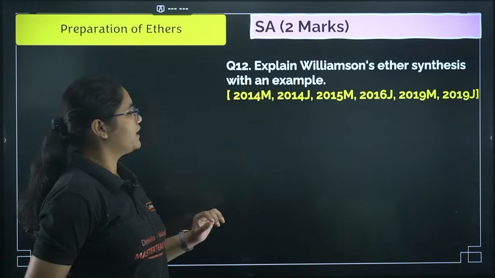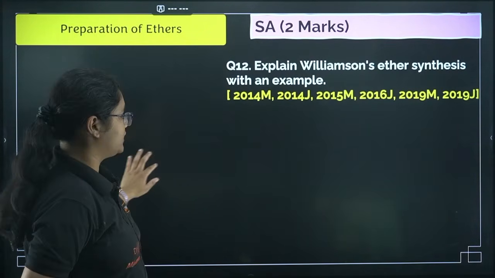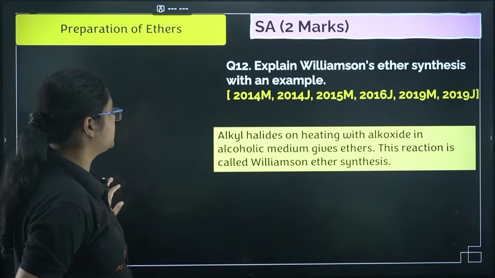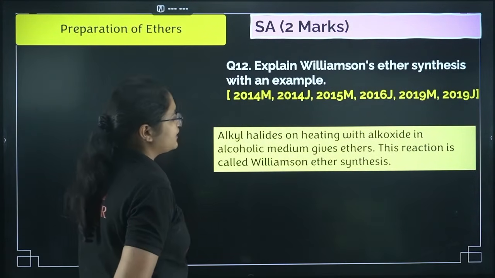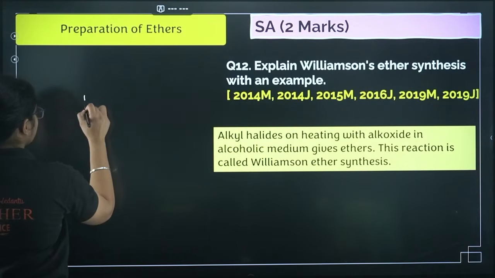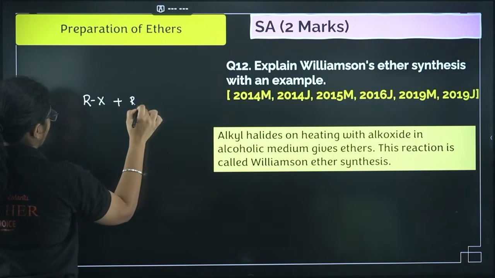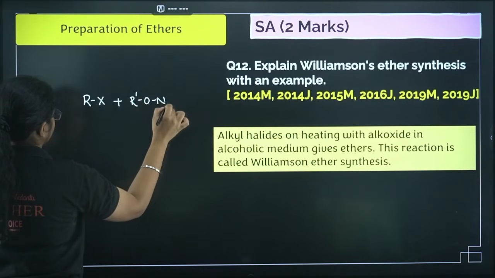Next one, explain Williamson ether synthesis with an example. In Williamson ether synthesis you have RX, so I'll just draw here. You have RX plus R'ONa.